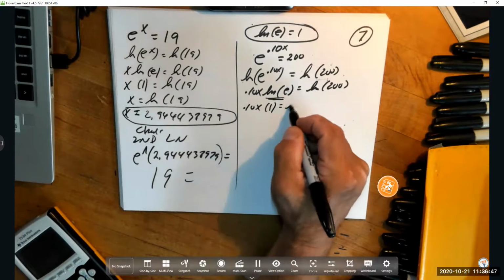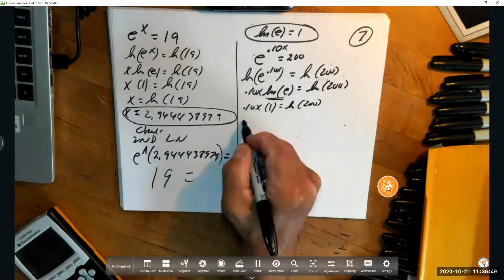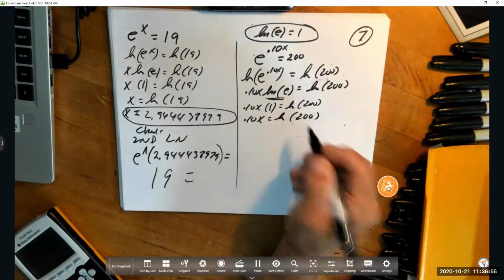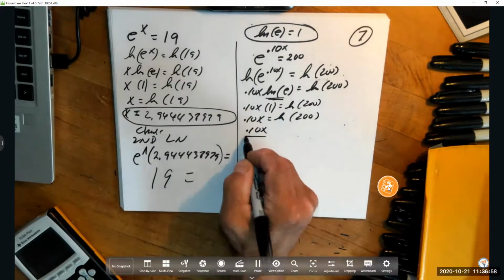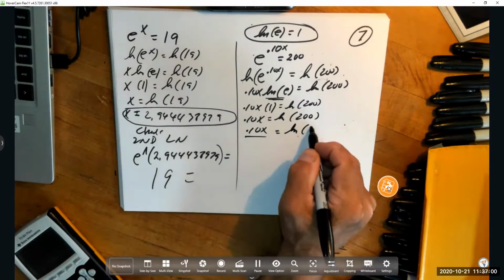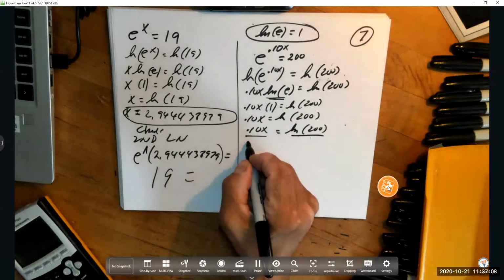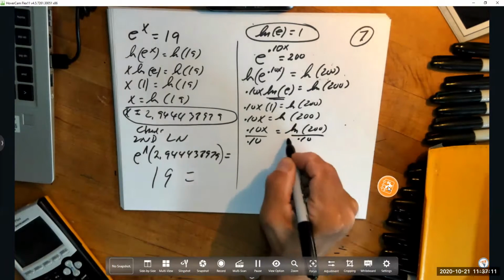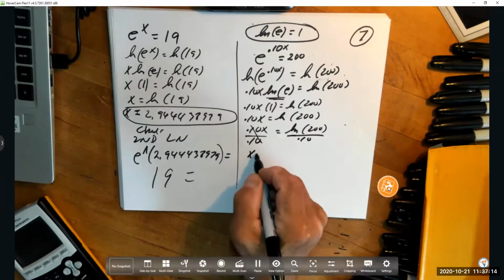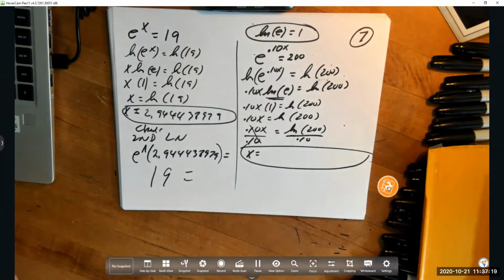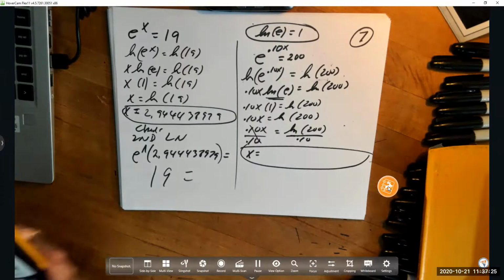So 0.10x equals ln of 200. So now I'm going to have to divide this side by something and this side by something. What? You tell me. Divide by what? 0.10. Yep. These are gone. So now, calculator time. ln 200 divided by 0.10. Give me a number. What'd you get?